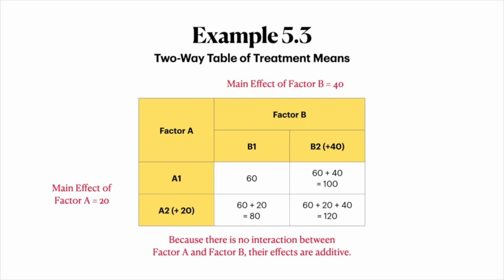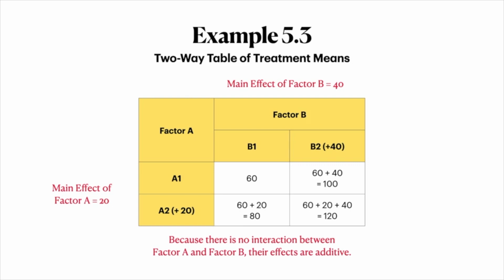Well, that works out. If we go back to the cell for A1B1, and again that treatment combination mean is 60, if we go down now from level A1 to level A2, the main effect of factor A is 20, and so if the factors are additive, then the mean for that cell, A2B1, ought to be 60 plus 20. Well, it is, because we know that that treatment mean was 80.